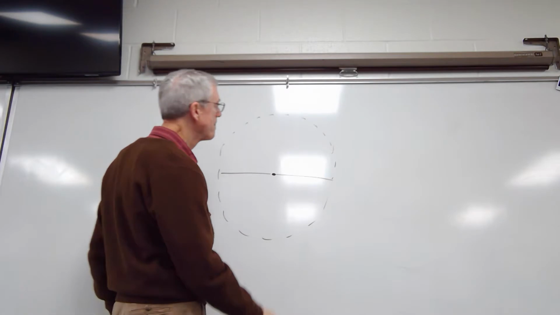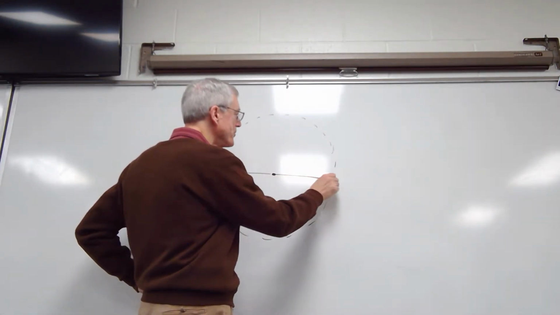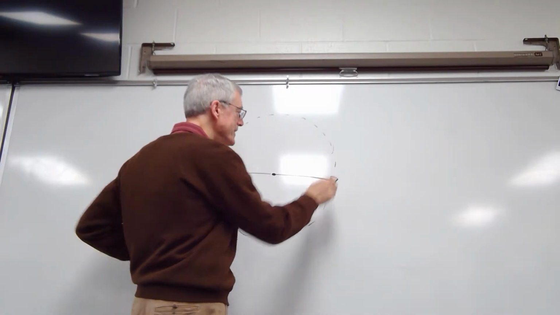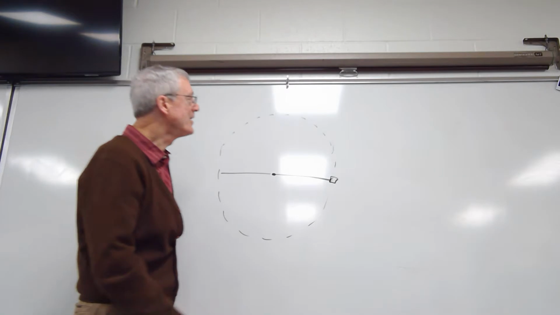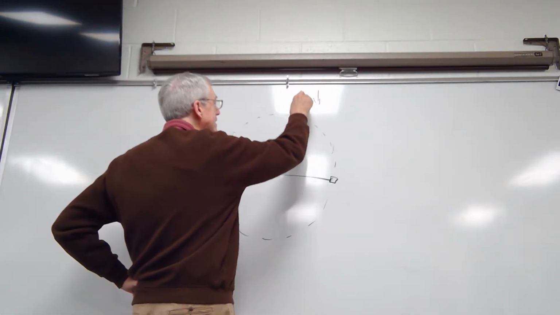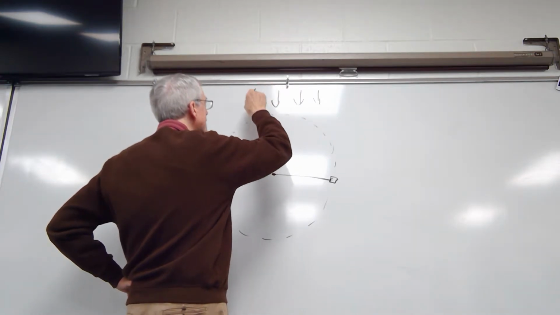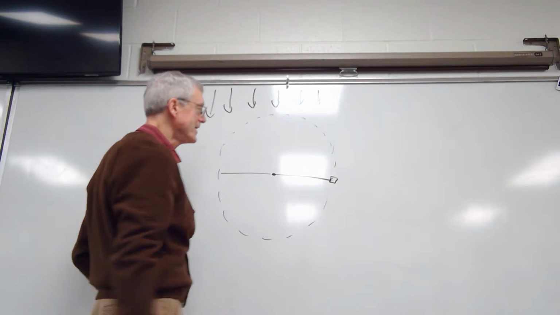So it could be. All right, imagine instead of the ruler, this is a string with a weight attached, and it's going around like this. Now, I don't know if this will help or hurt, but imagine there's a great big light shining down on this thing.